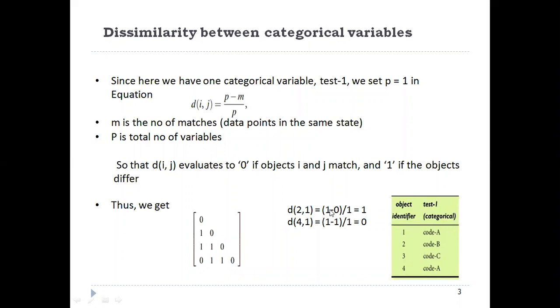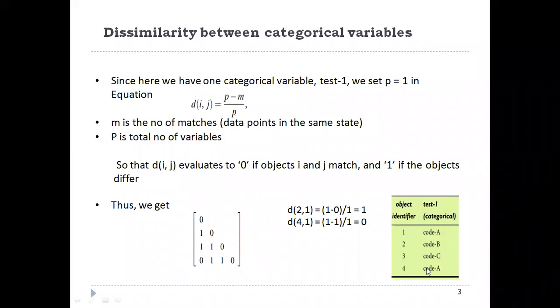So 1. Next, the distance 3 comma 1, code A and code C. What happens here? It is different, so obviously it's going to be 1. Right? Like the previous one, it is also going to be 1. Now 4 comma 1, the distance between the fourth point and the first point.